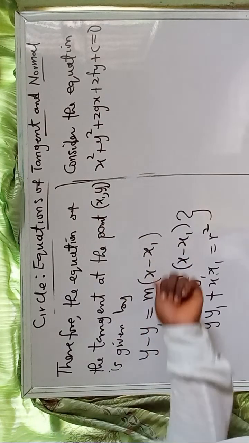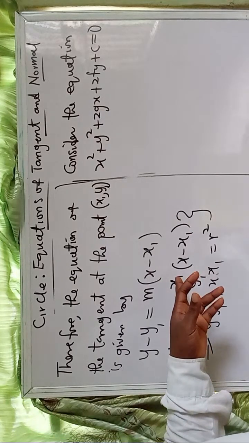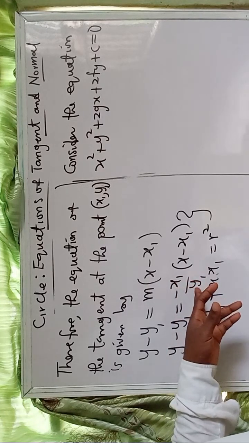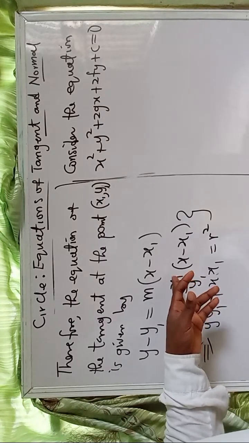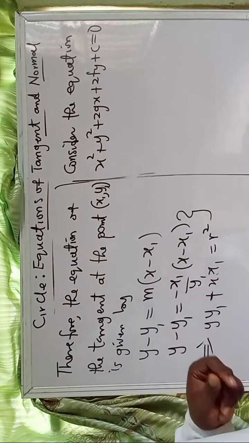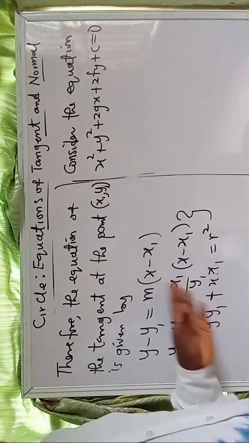The only difference will be that this term and this term will be removed from the change in x here, different from the origin. That will be the only difference there.